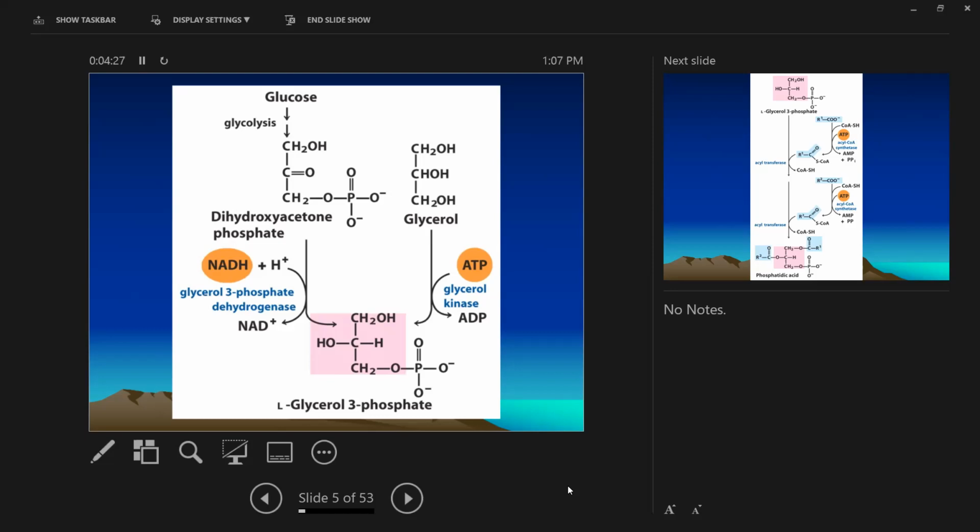Easy. Alternatively, you have dihydroxyacetone phosphate that you get from glucose. That then can be converted to glycerol 3-phosphate by glycerol 3-phosphate dehydrogenase that uses NADH to reduce this ketone to the alcohol, and now you have glycerol 3-phosphate. Two ways to get glycerol 3-phosphate.